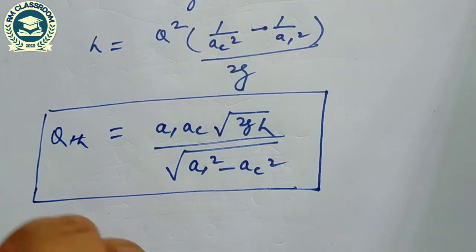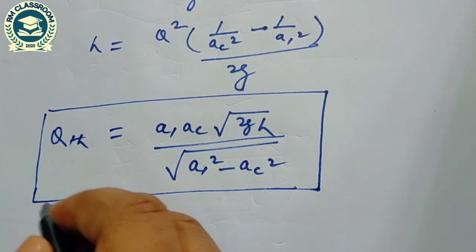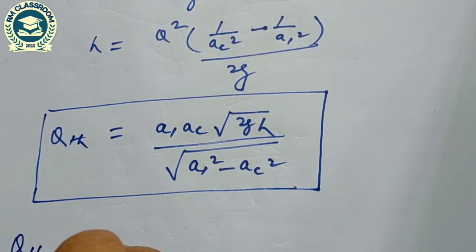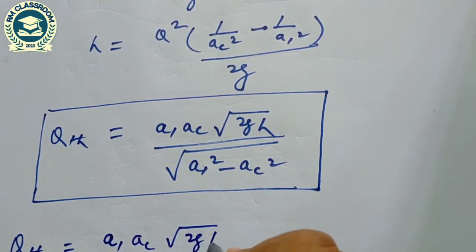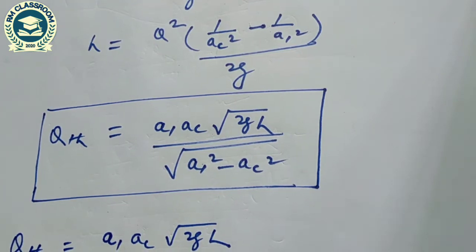Or we can write it in terms of CD. So Q theoretical is equal to A1 AC root under 2GH divided by A1 square minus AC square, where AC can be written as Cc into A naught.